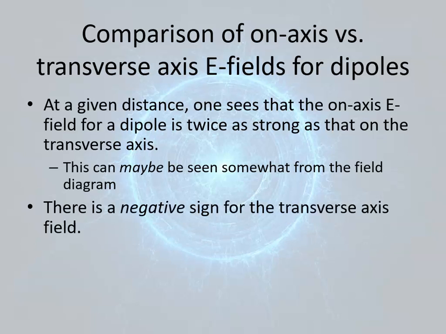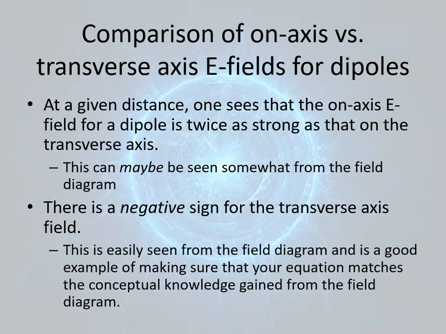And you can kind of see that from that electric field diagram where the electric field lines are closer together on the axis compared with the same distance on the transverse axis. And also notice there's a negative sign because what you have left after dealing with the symmetry is the field lines from the positive charge going down toward the negative charge in that case.